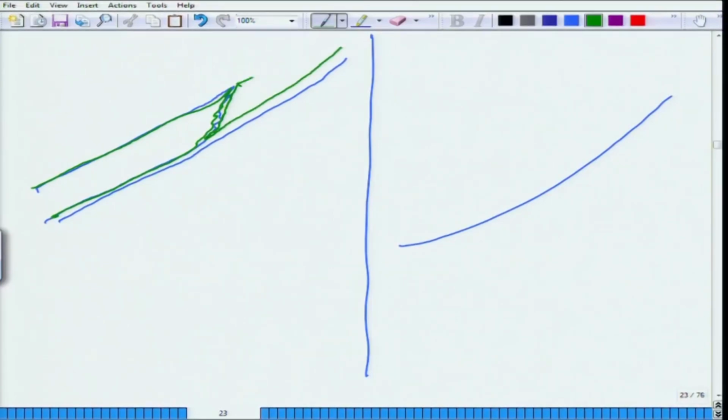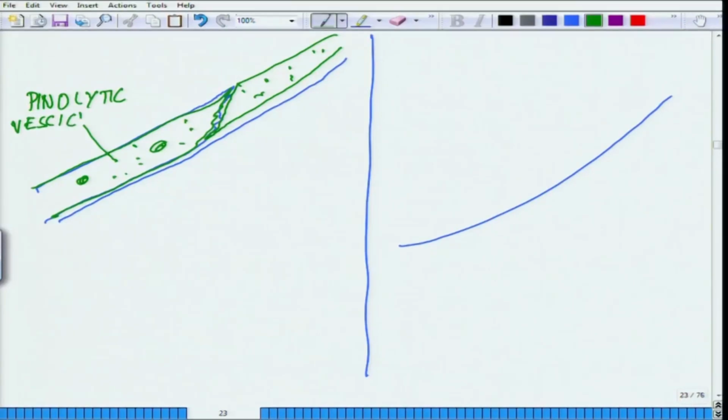They are much more closely packed out here, and within them you have these pinocytic vesicles. Pinocytosis, you remember we talked about in the membrane. And these are the basal membrane. You see very, very narrow gaps here, whereas in the case of fenestrated capillaries, what you see is something like this.